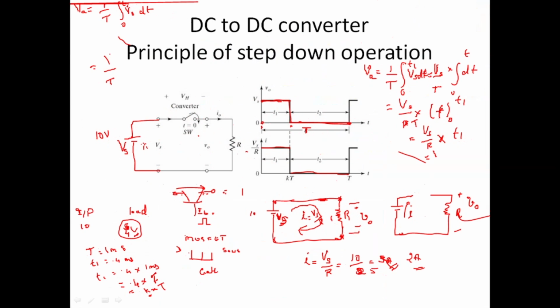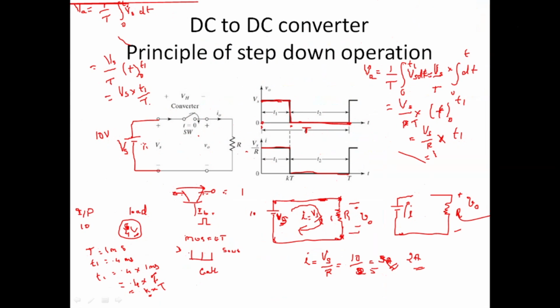Vs you keep outside. Integration dt, limit 0 to T1. That is Vs, T becomes T1 minus 0, then T1 by T.